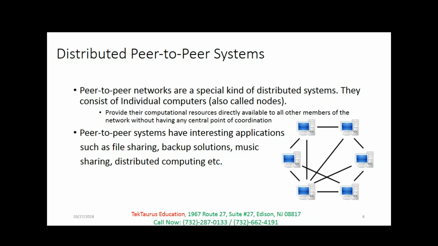The computers are connected with each other and the data is shared amongst the computers only. There is not a single server through which data is being shared. These kinds of applications are very much on the Android marketplace and on the internet as well. If you notice, you will see these kinds of applications.